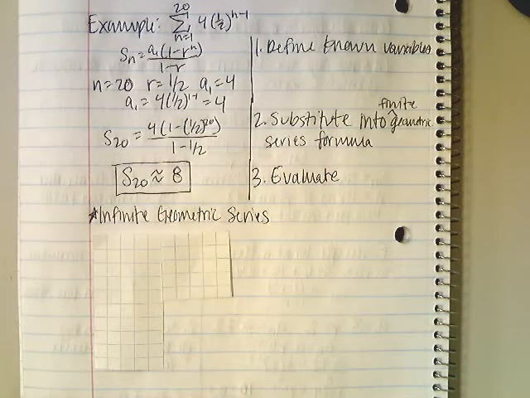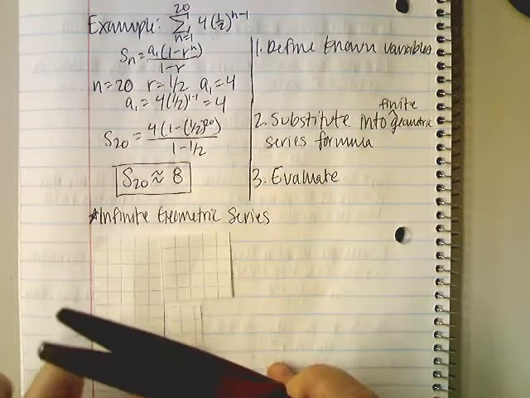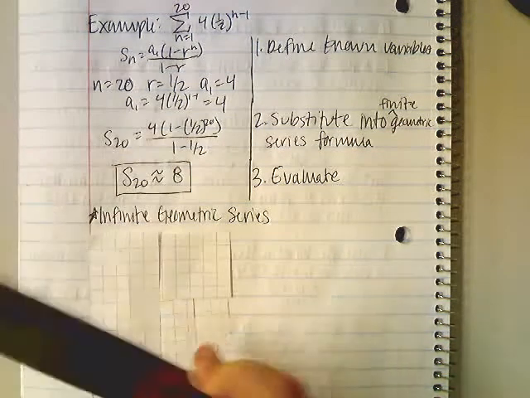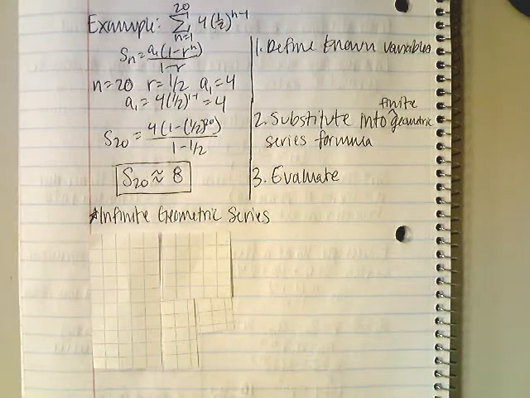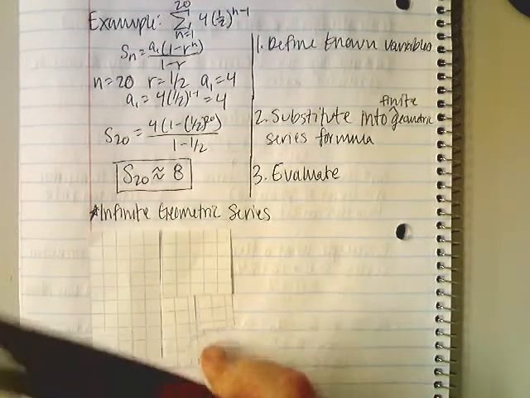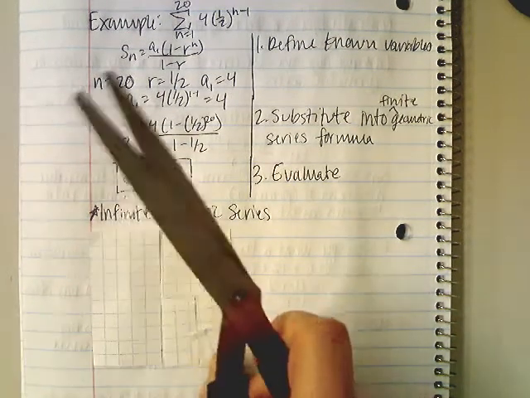And then I'm going to add half of that again. So if I keep adding half of the previous area, I'm going to get a shape that looks like this. And as I continue to do this, you might notice that my squares get smaller and smaller.